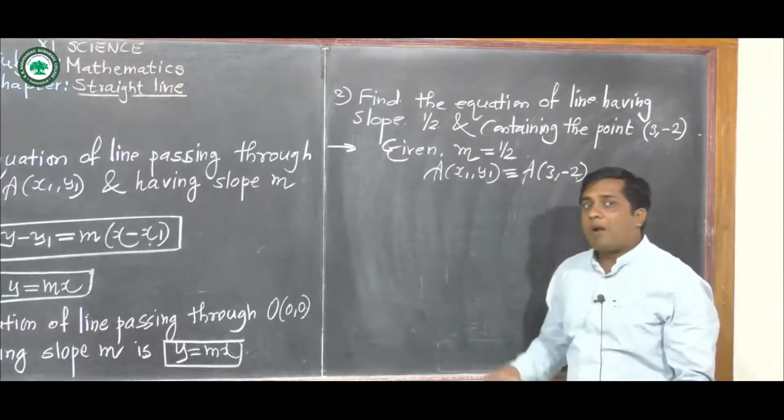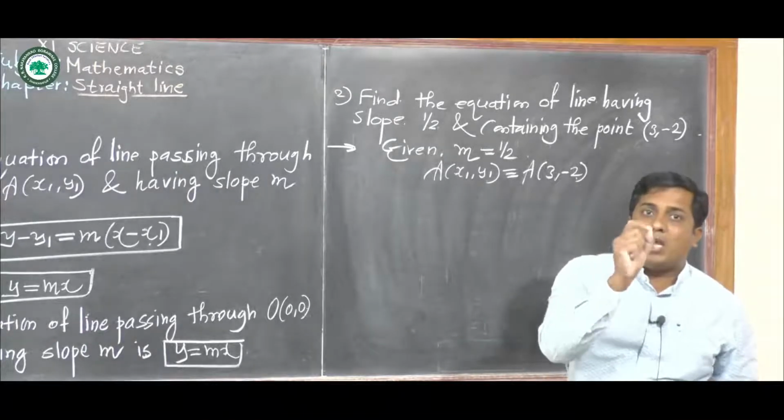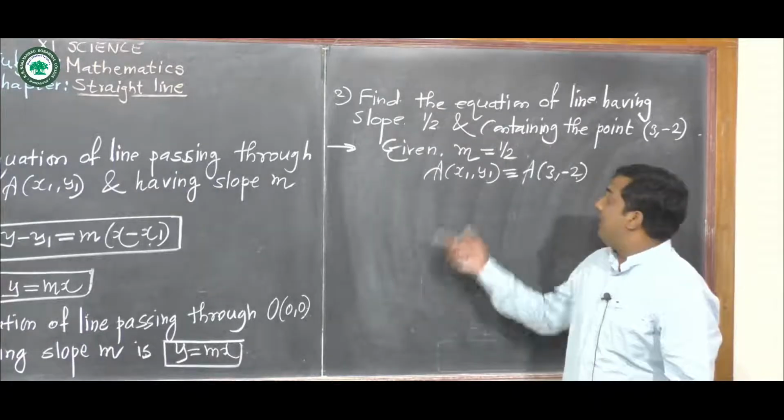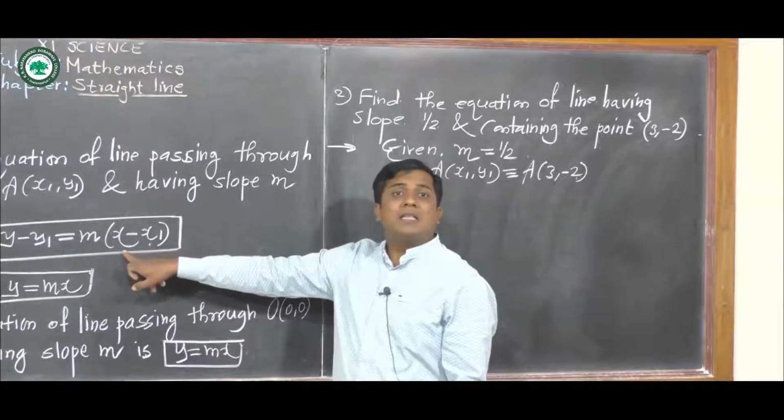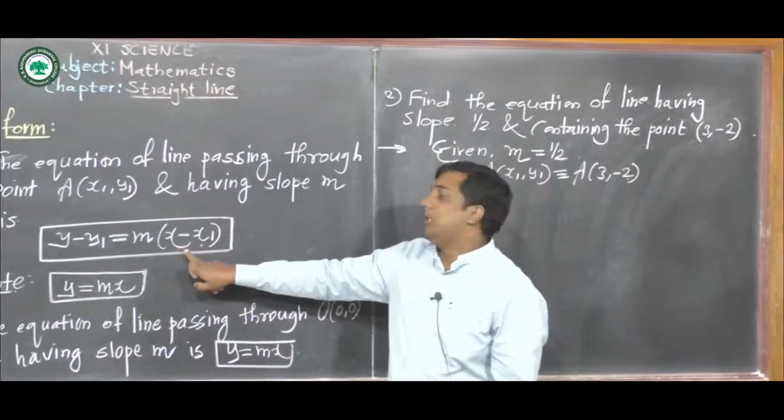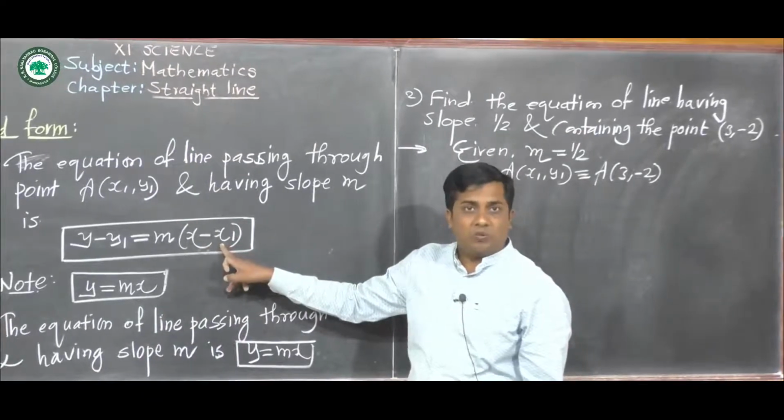We know if our line is passing through the point A of (x1, y1) and having slope m, then the equation for this is y minus y1 is equal to m into bracket x minus x1.